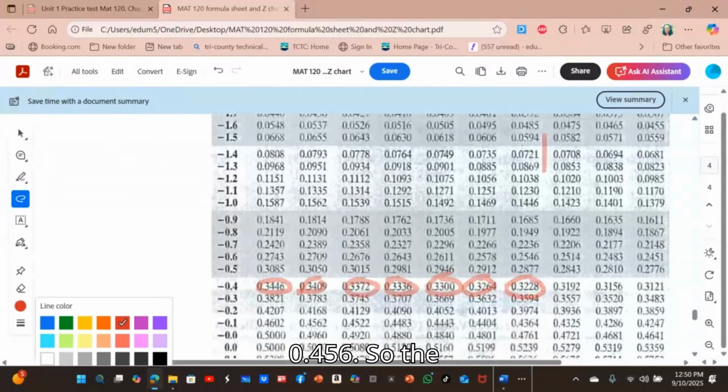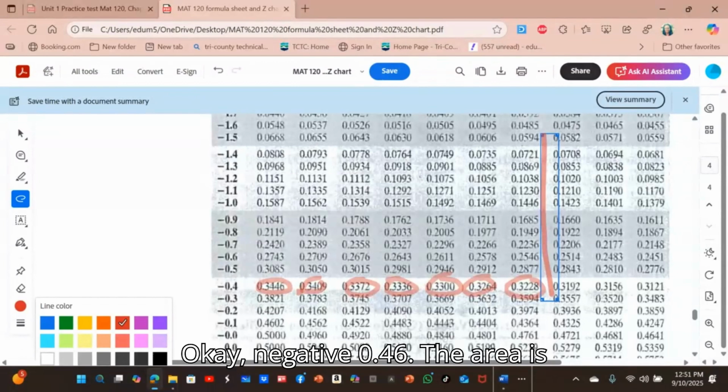So the intersection right here is that area. Okay, negative 0.46. The area is 0.3228. The area to the left of negative 0.46 is 0.3228.